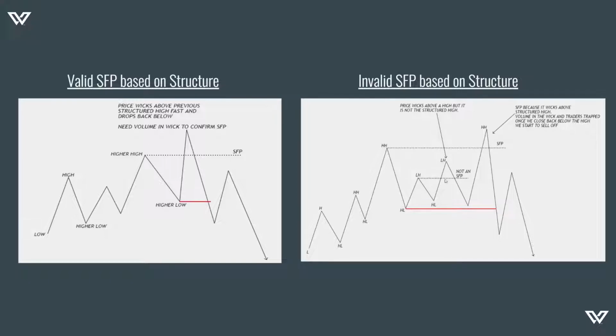Okay, this is not a true SFP. You want to SFP this external structure, this true high. It's an SFP because it wicks above the structured high, you want to make sure that there's volume in the wick, and traders, once it closes back below the high, then we should start to sell off. Okay, you want it to be a true structure high or low, obviously.